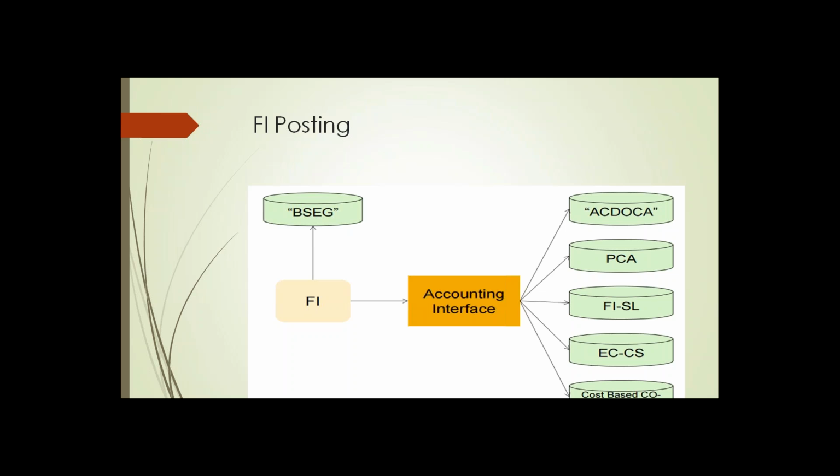But you need to understand that costing-based COPA is untouched in Simple Finance. Account-based COPA has some improvements because you can post all your different account-based COPA transactions into a single table, the ACDOCA table, using which you don't need any reconciliation with financial accounting and the reporting will be simpler.